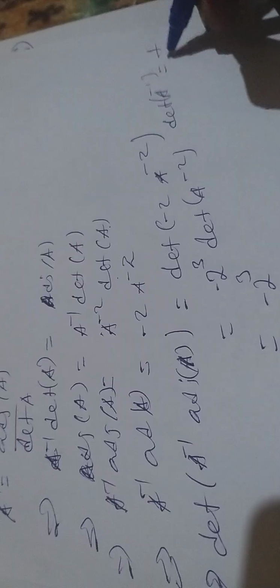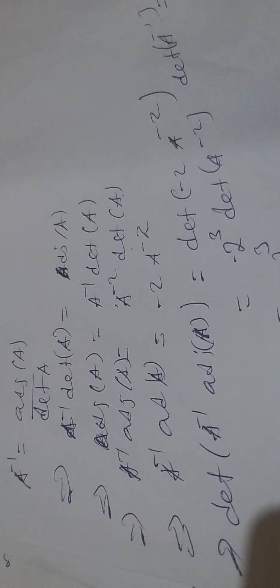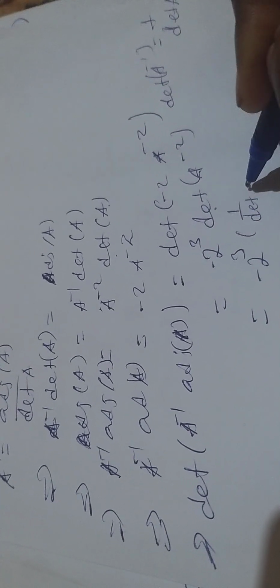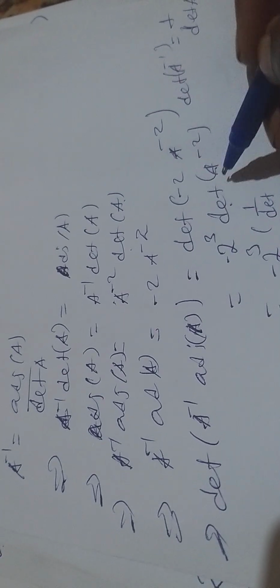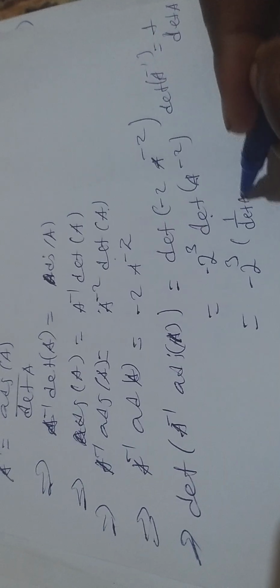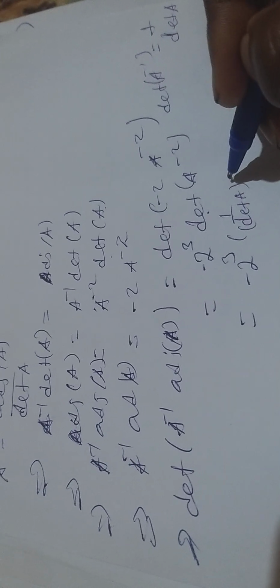You know that the determinant of A inverse is equal to 1 over the determinant of A. So we have this rule. By using this rule, the determinant of A raised to negative 2 is equal to 1 over the determinant of A raised to 2.